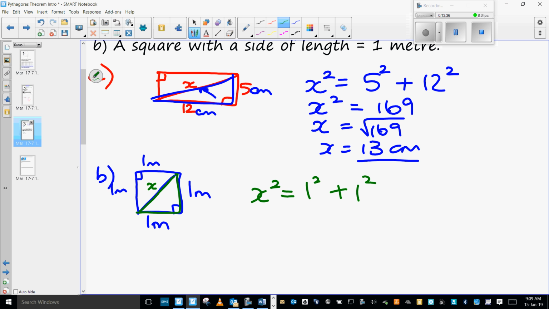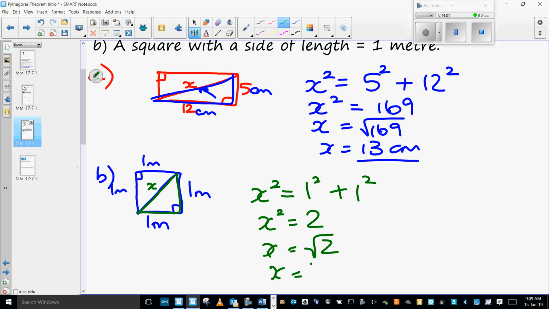Now, I'm thinking, we don't even need our calculator for this, do we? No. x squared equals, what's 1 squared? What's 1 plus 1? 2. So x squared equals 2, so x is going to be the square root of 2. That is 1.41.